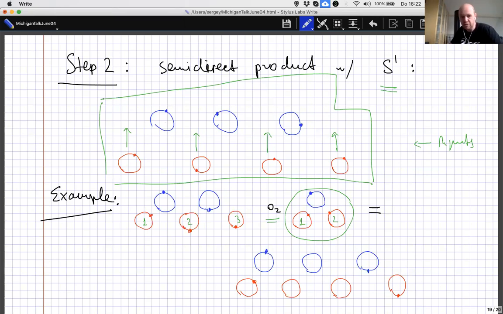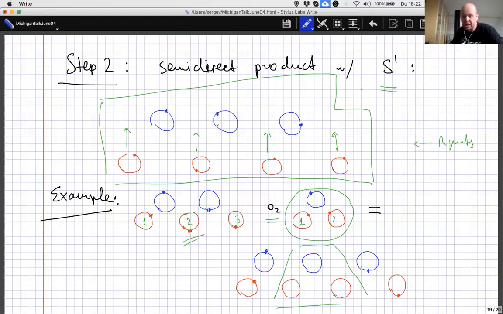What should I do? I should look at the angle I have to rotate here to move the standard label, which for me is always at the top, to the label that I actually have here. So I have to rotate by this angle all the labels of this configuration. And then I insert this configuration here instead of this red input. So I replace this red input by this configuration. So that's exactly what I did.